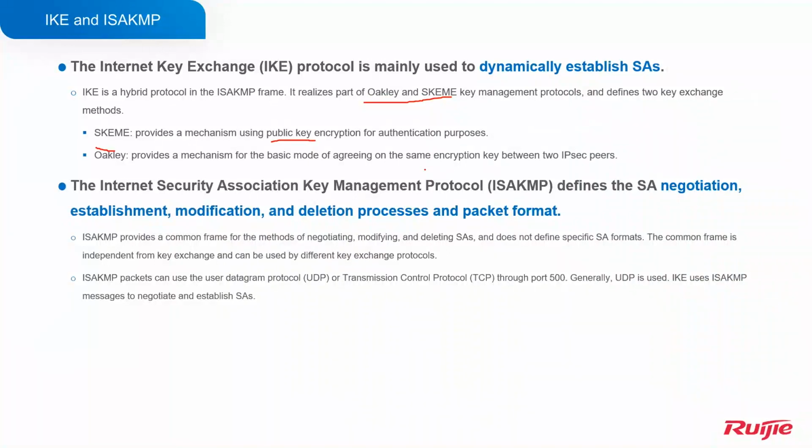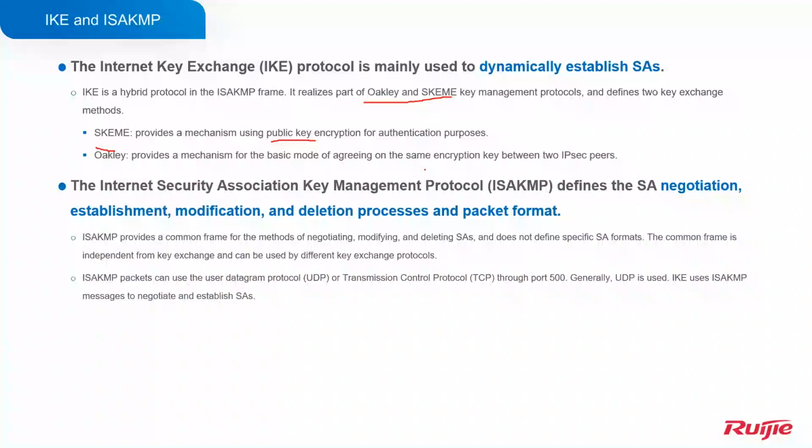And the ISAKMP full name is Internet Security Association and Key Management Protocol. So this protocol is specially to manage the key. It can define the SA negotiation and how to establish, and also how to modify and delete, the process and the packet format.